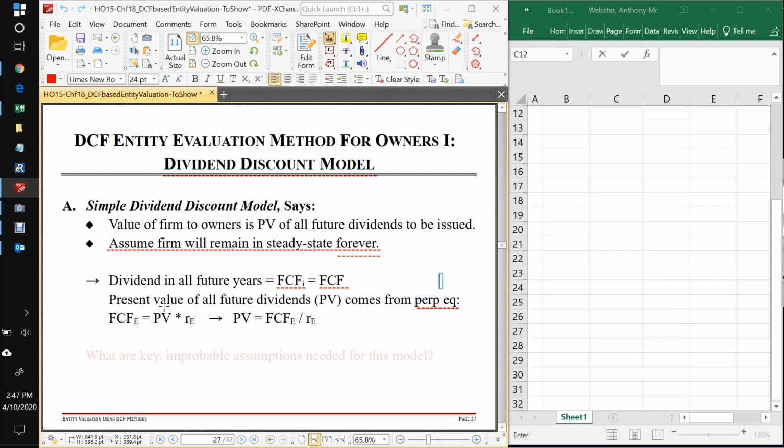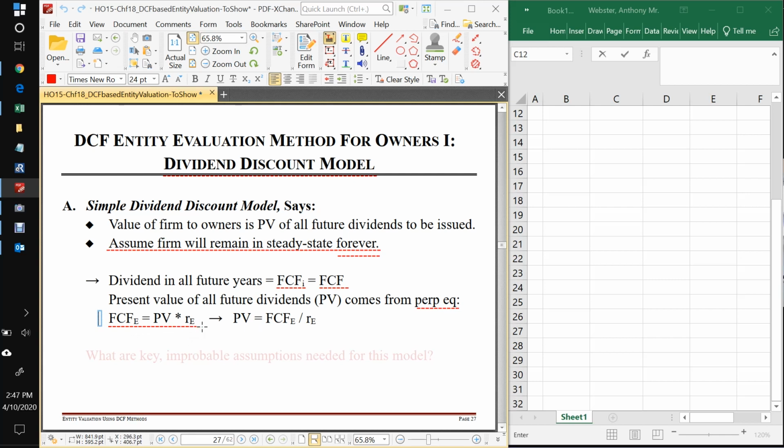and that's really true. So the present value of all the future dividends that we're going to get, we can just get from our perpetuity equation. And our perpetuity equation in this context looks like this. The free cash flow that we get in any year is equal to the present value of all those cash flows going out to infinity, those free cash flows, times our equity cost of capital or our equity discount rate.